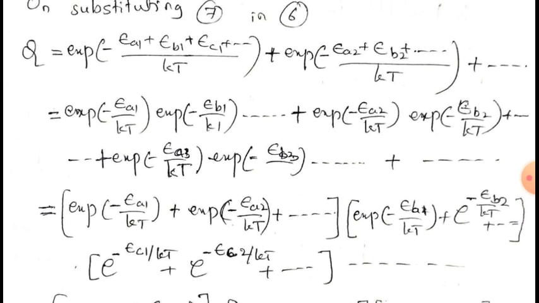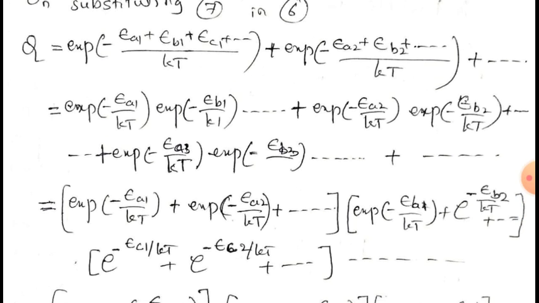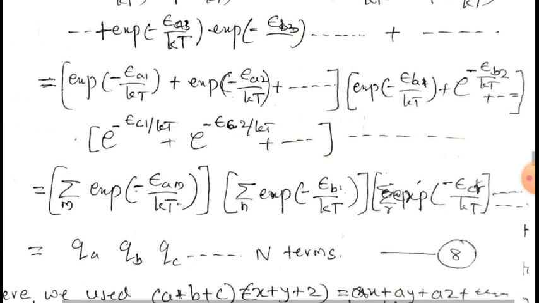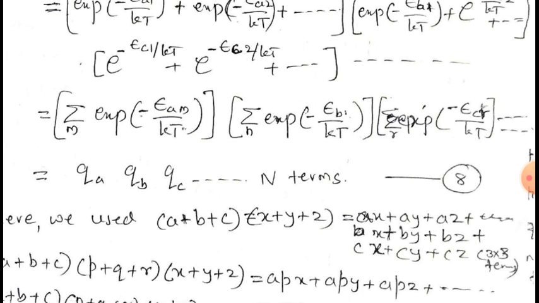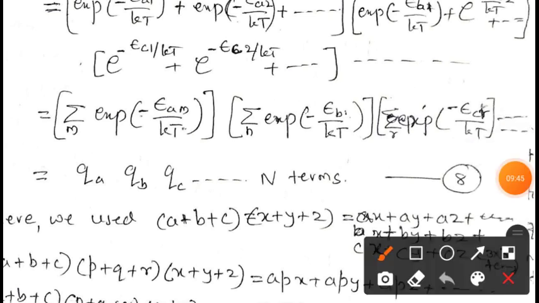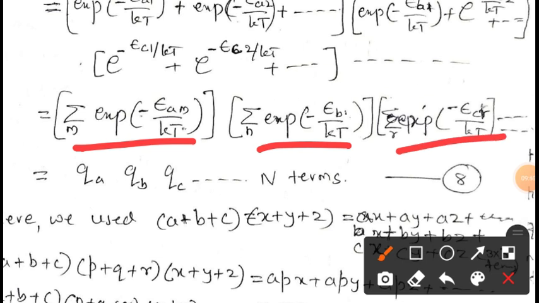See here, earlier Q was a summation, now it has become a product, and each individual term represents QA, QB, QC and so on.